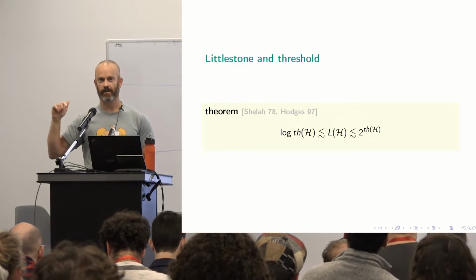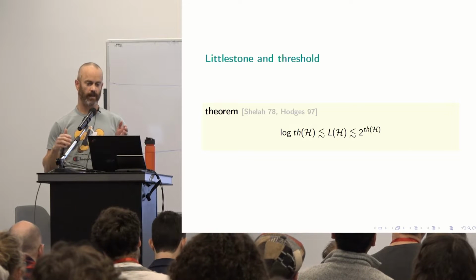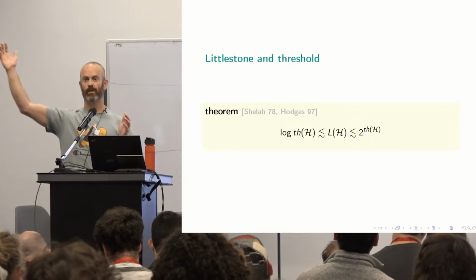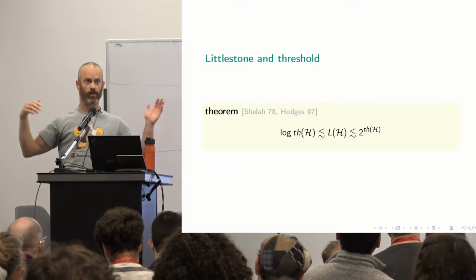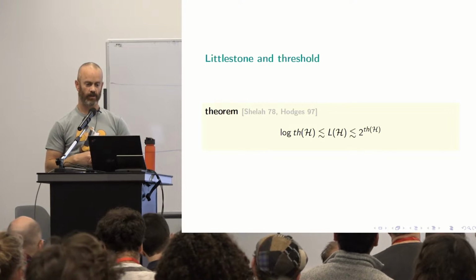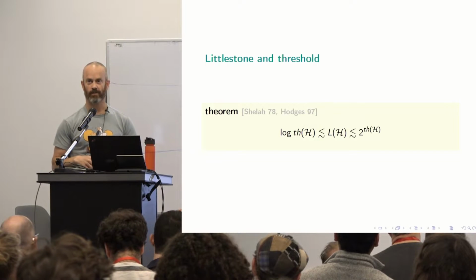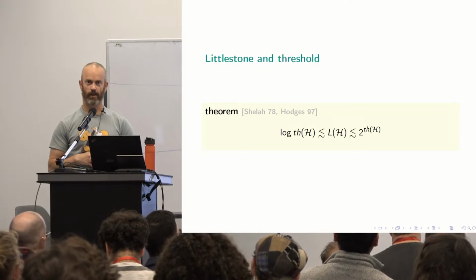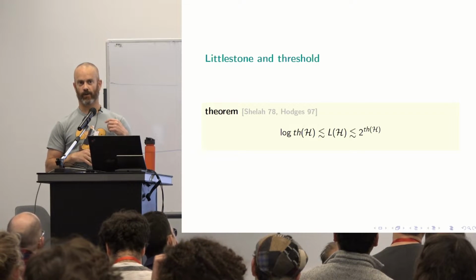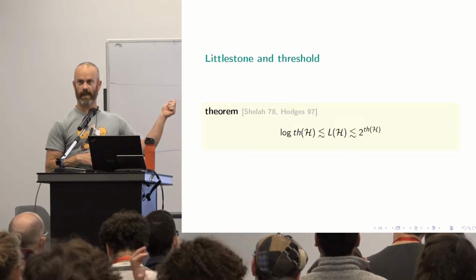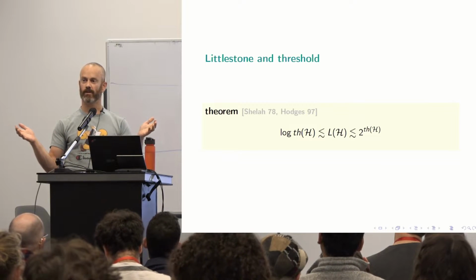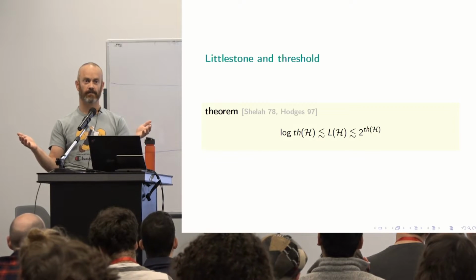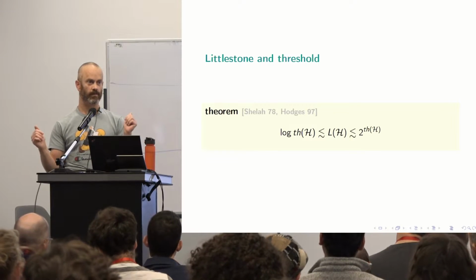I'm not sure even so. And so the Littlestone dimension is between log the threshold dimension and 2 to the threshold dimension. Okay? So this was proved by Shelah and Hodges in the context of model theory, again a long time ago. For me, one of the reasons this came up in model theory is that there is no structure, just sets. How do you measure complexity of sets? There are not so many ways to do that.